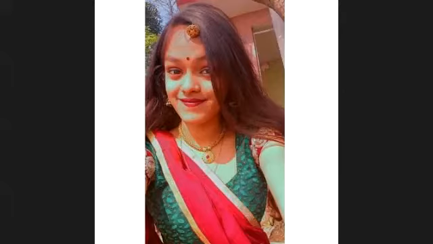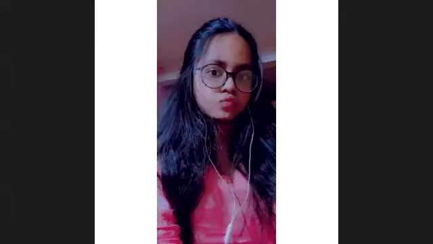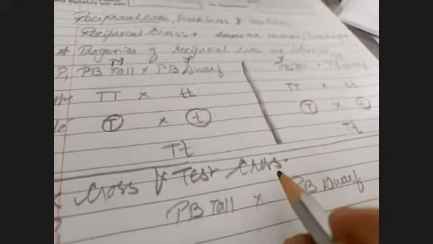Now, I am taking pure breeding tall plant crossed with pure breeding dwarf plant. What is the genotype of tall? Capital T, Capital T. What is the genotype of this? Small t, small t.